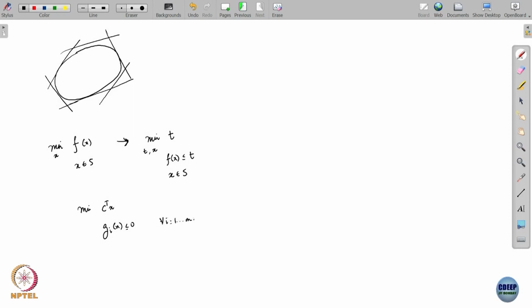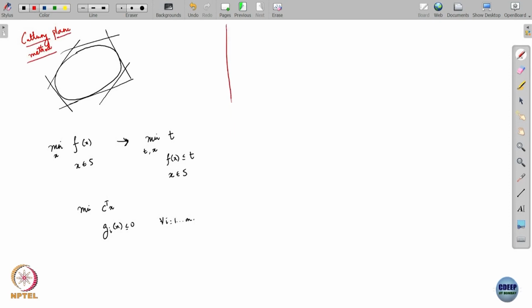There are, say, m convex constraints, i going from 1 to m, all right. Now, the cutting plane method, which is what I am talking about here. So, let us write that here, cutting plane method.